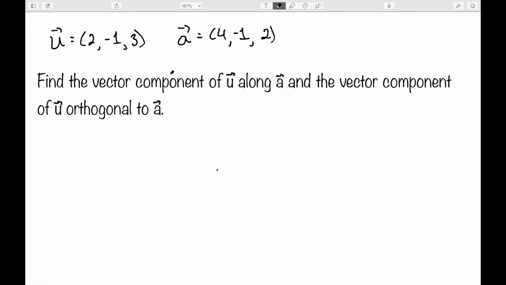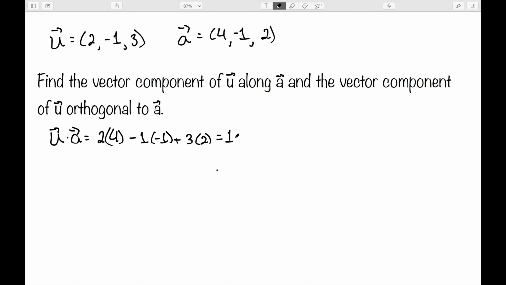So I have these two vectors, U and A, and I want to find the vector component of U along A and the vector component of U orthogonal to A. Well, in order to do this, I'm going to need to start with two things. First, U dot A. So we multiply things in corresponding positions: 2 times 4 minus 1 times negative 1 plus 3 times 2.